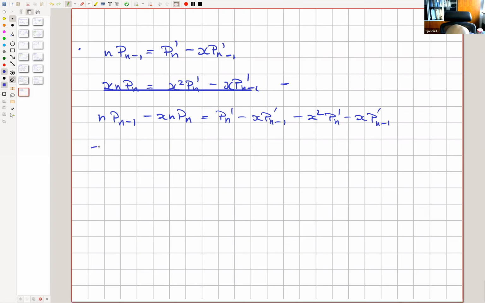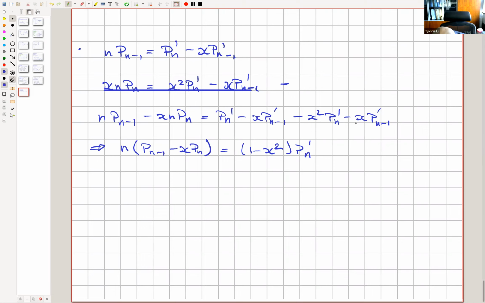Okay, now this is simple reorganization. I get n times Pn minus 1 minus x Pn equals 1 minus x squared Pn prime.